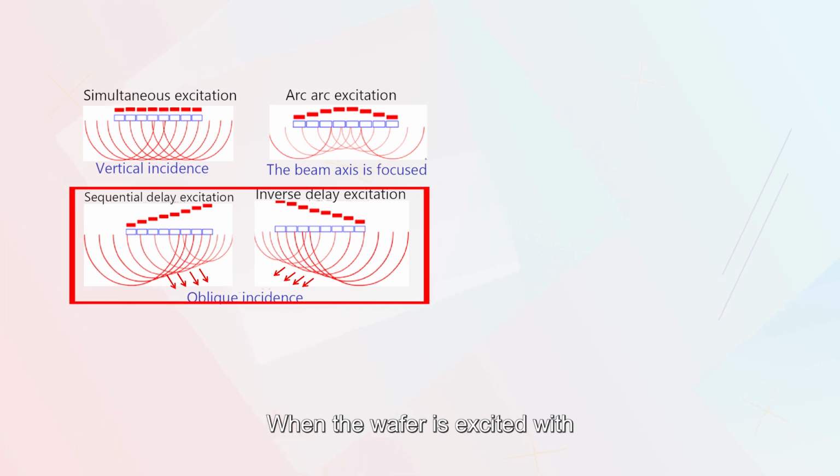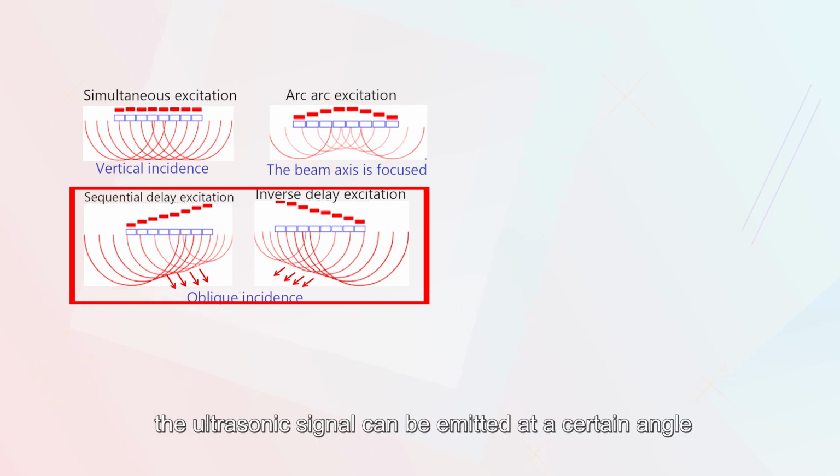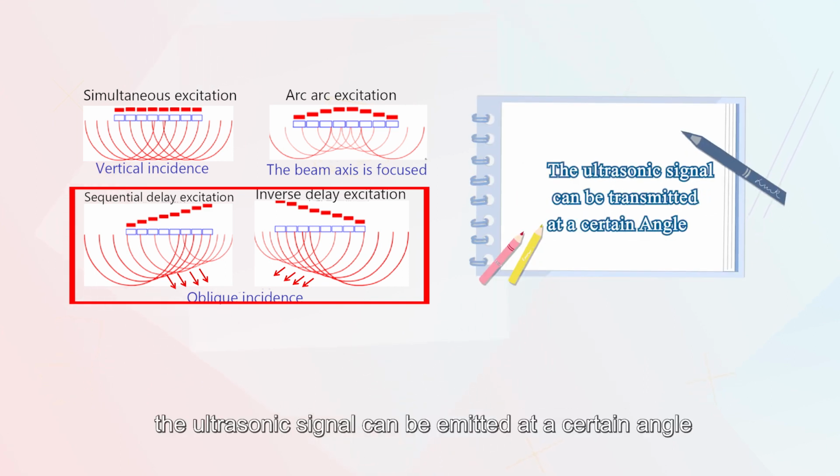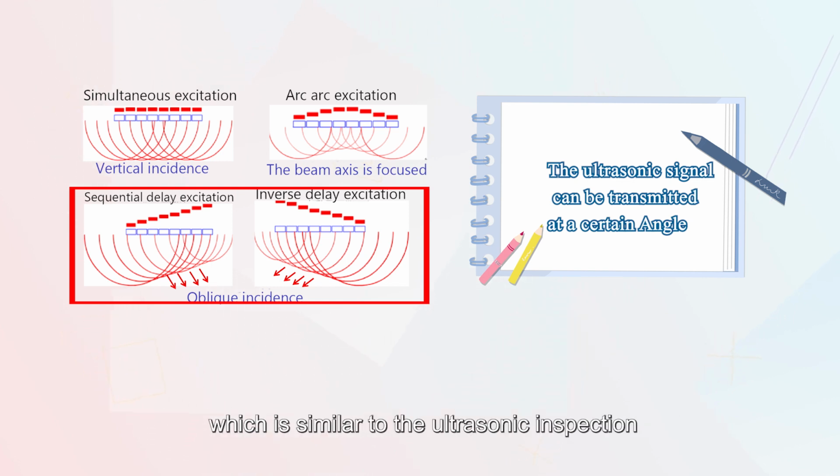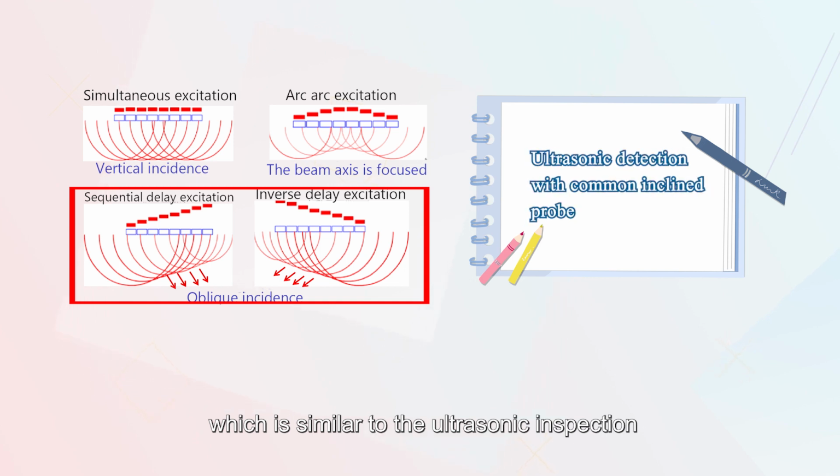When the wafer is excited with a forward delay or an inverse delay, the ultrasonic signal can be emitted at a certain angle, which is similar to the ultrasonic inspection of a common oblique probe.